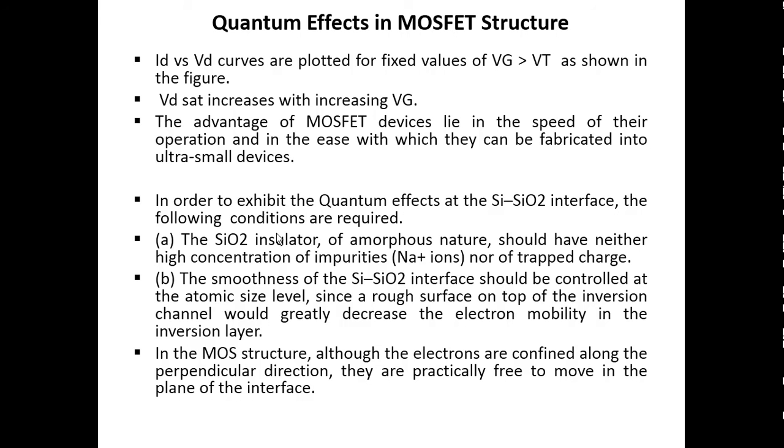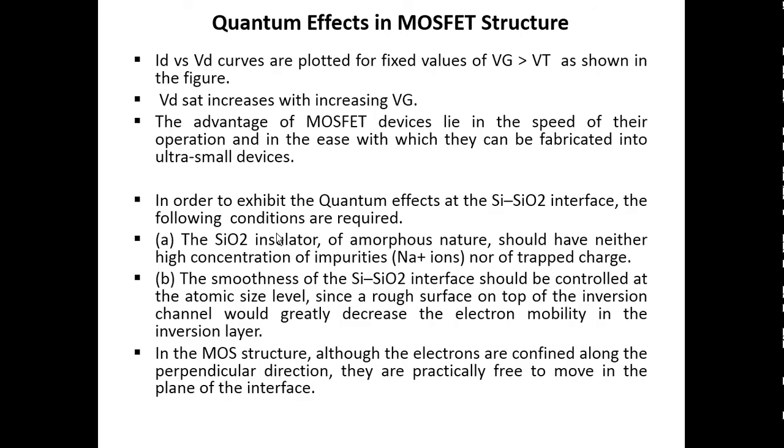If the interface is rough, the inversion layer formed at that interface will have lower electron mobility.